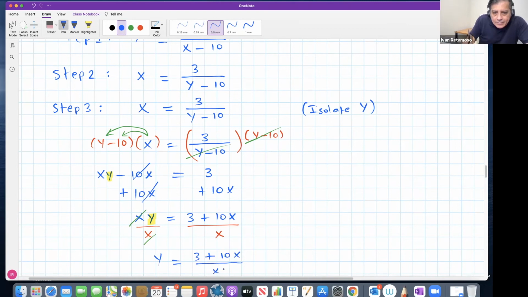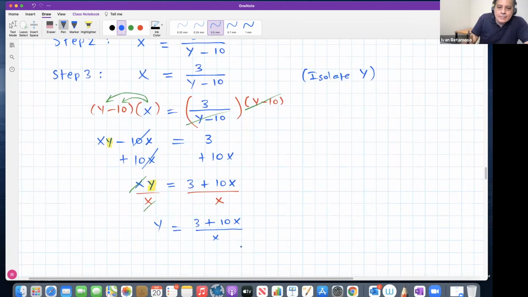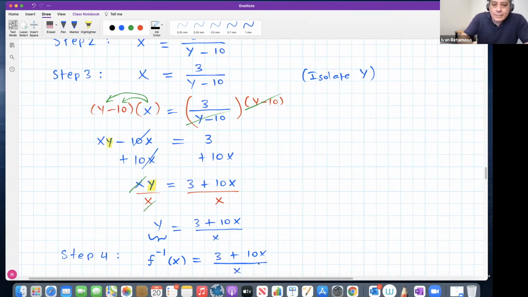Great. So step 4, final step. This step deals with the final presentation of your work. You are saying that this is the inverse function, right? So let's write it formally as the inverse function. F inverse of x equals 3 plus 10x over x. And then we are done, right?